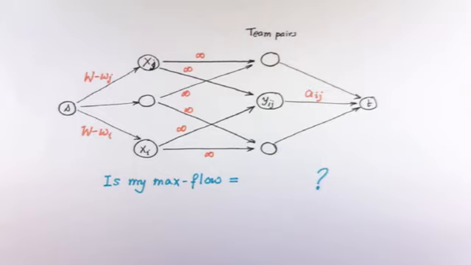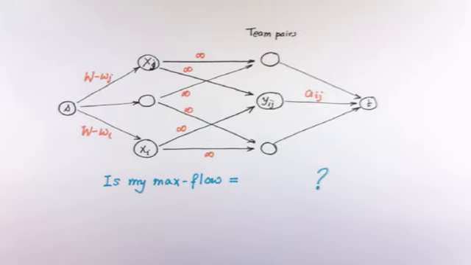See, what I am trying to do here is, I want to see whether all the remaining matches can be played out in such a way that none of the teams exceed that number of wins, right? But the bottom line is that I should be able to play out all the matches. If all the matches are not played out, then I am not getting anywhere. And if all the matches are played out, then what will be the maximum flow? If all the matches can be played out, what will be the maximum flow?